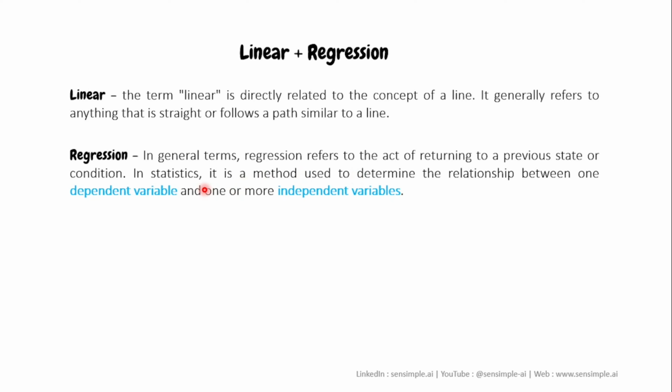And when we talk about statistics, it means that we are trying to develop a relationship between our dependent and independent variable. Now two more jargons, dependent variable and independent variable. So when we were plotting our graph, we had some values on the x-axis and some values on the y-axis. As we can see, the values of y were derived from the values of x.